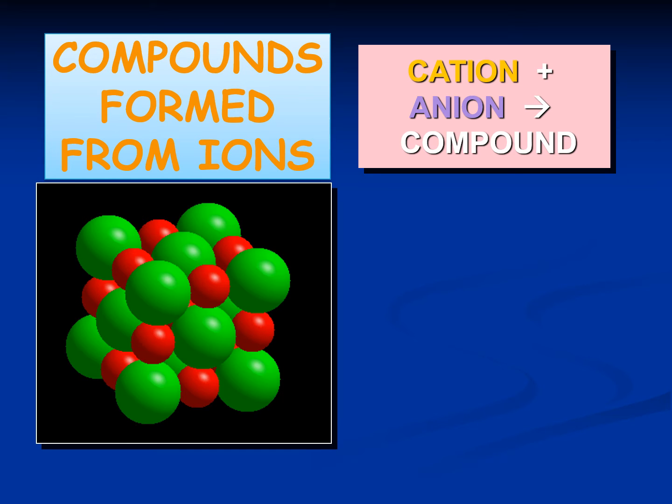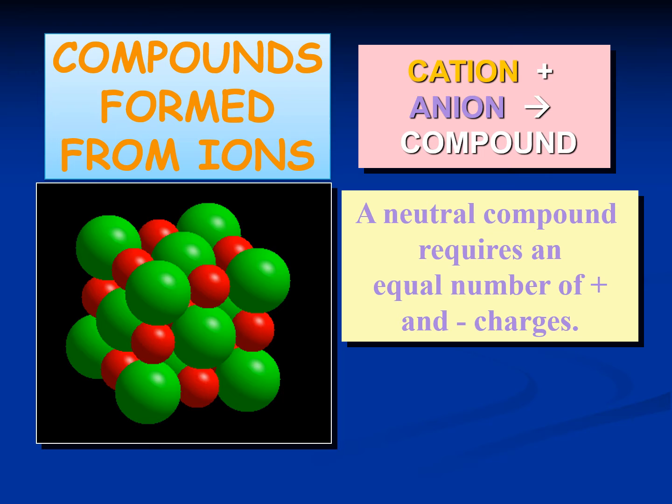Compounds formed from ions, or ionic compounds, have to be electrically neutral. In other words, there has to be a balance between the number of positive and negative charges. Another way of saying that is there is a conservation of charge. If sodium gives its electron away, it has to give it to somebody. That somebody in the slide is chlorine.